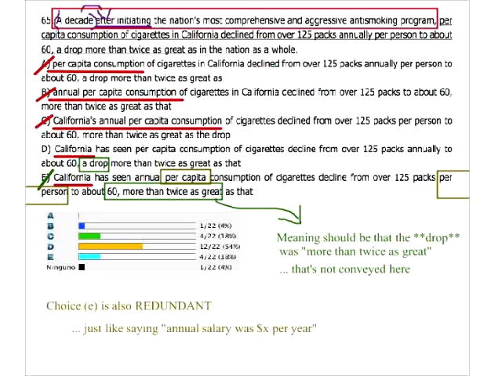This is incorrect. You would either want to say the annual salary was X dollars, or you would say the salary was X dollars per year. Same thing, you could say annual per capita consumption was this many packs. Notice that's what the correct answer does. Or you could say the consumption went down from this many packs per person, but you don't say both per capita and per person.